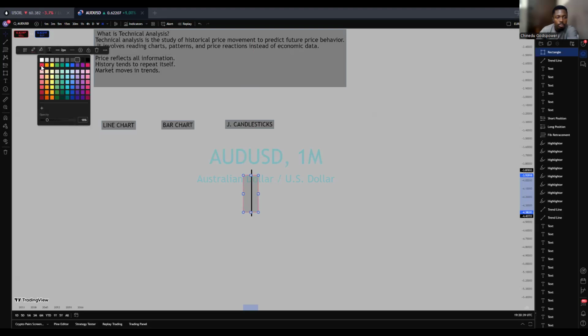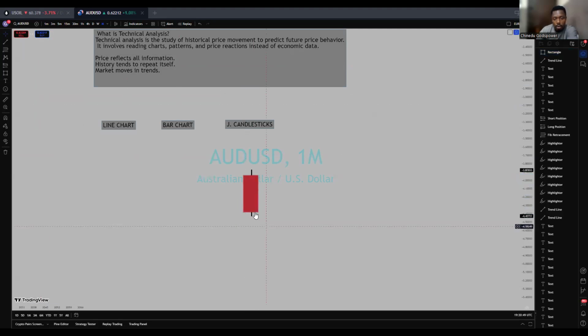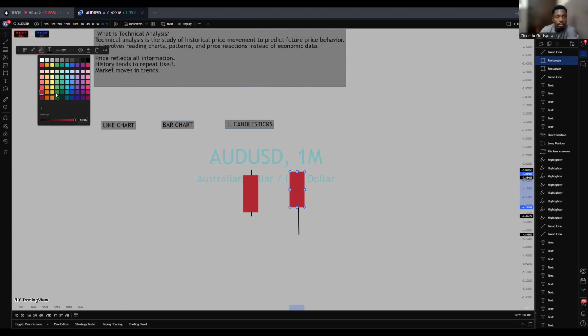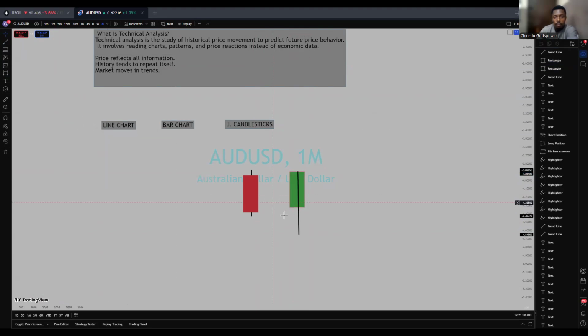More like this. Can you see it? It's a full body candle. We have another one too, and we have this. So this is what the Japanese candlestick looks like.